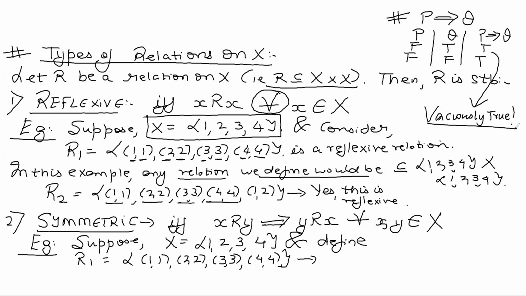No. So in this, is x related to y? No, x is only related to itself. So if the hypothesis itself is not holding true, by default, it is symmetric.